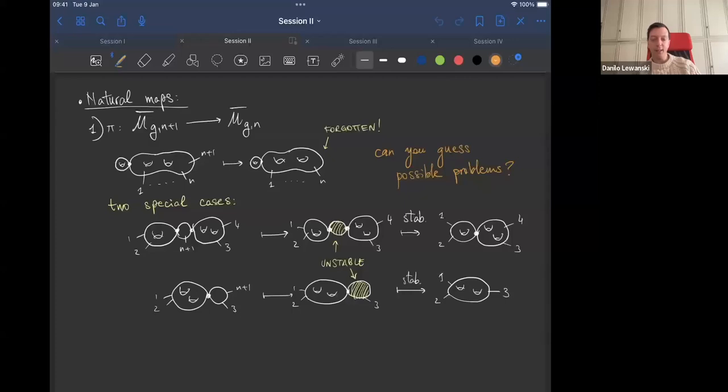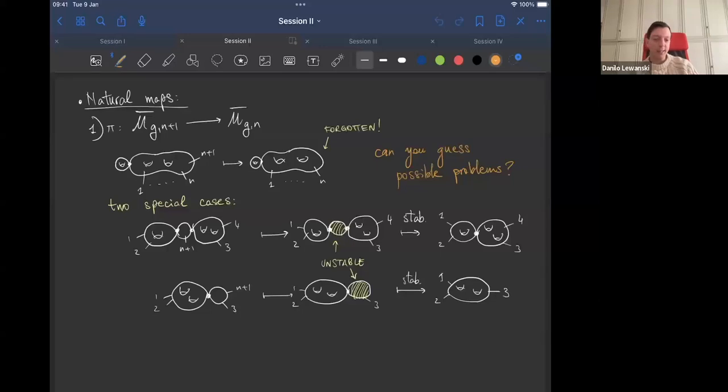And the only other case, well, if you have some other unstable components left and right, you can't, because if either the component on the right or on the left were unstable, and you contract this component, they would still be unstable afterwards, and they were unstable to begin with. So it's impossible. You need to have instability exactly in the component in the middle where you have the n plus first marked point and nothing else.